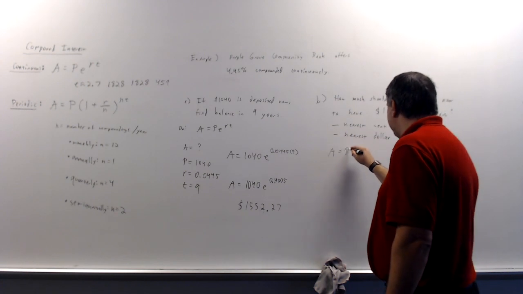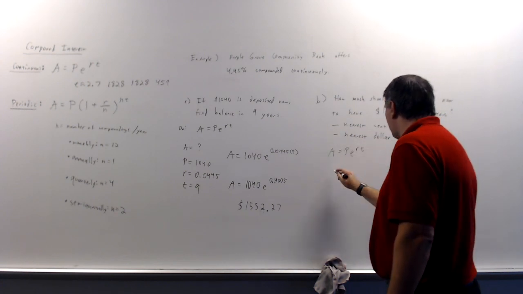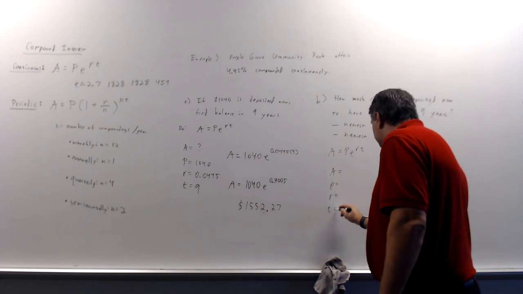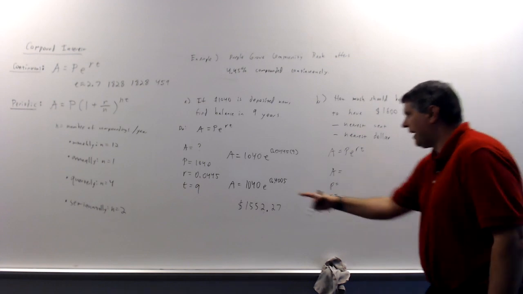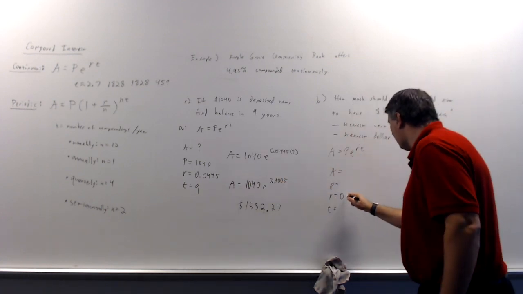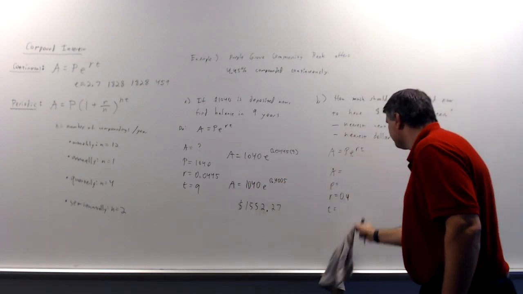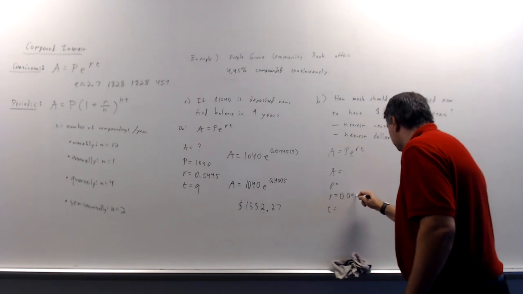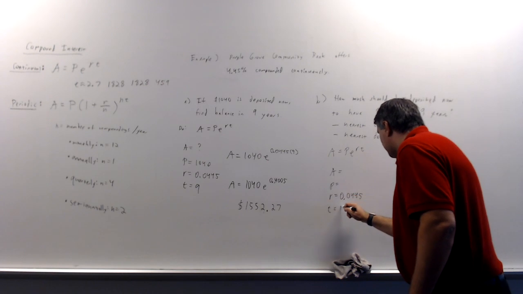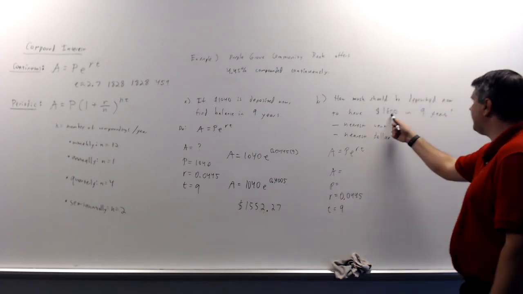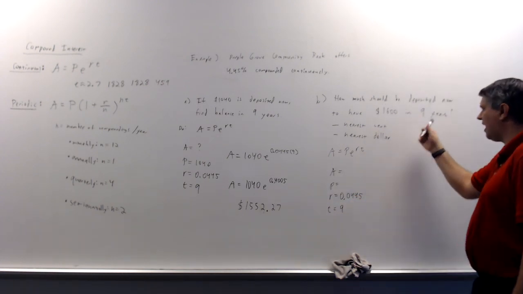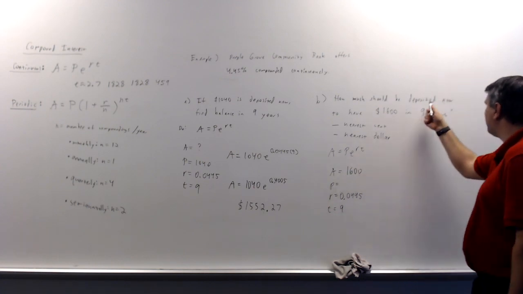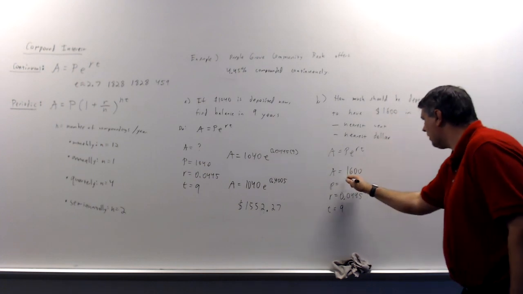A equals P E to the RTth power, where A equals, P equals, R equals, T equals. Well, rate is still what it was before. T is 9. Now that 1,600 is what we're hoping to have in 9 years. That is an accumulated value. We don't know what we're depositing, what we're starting with.